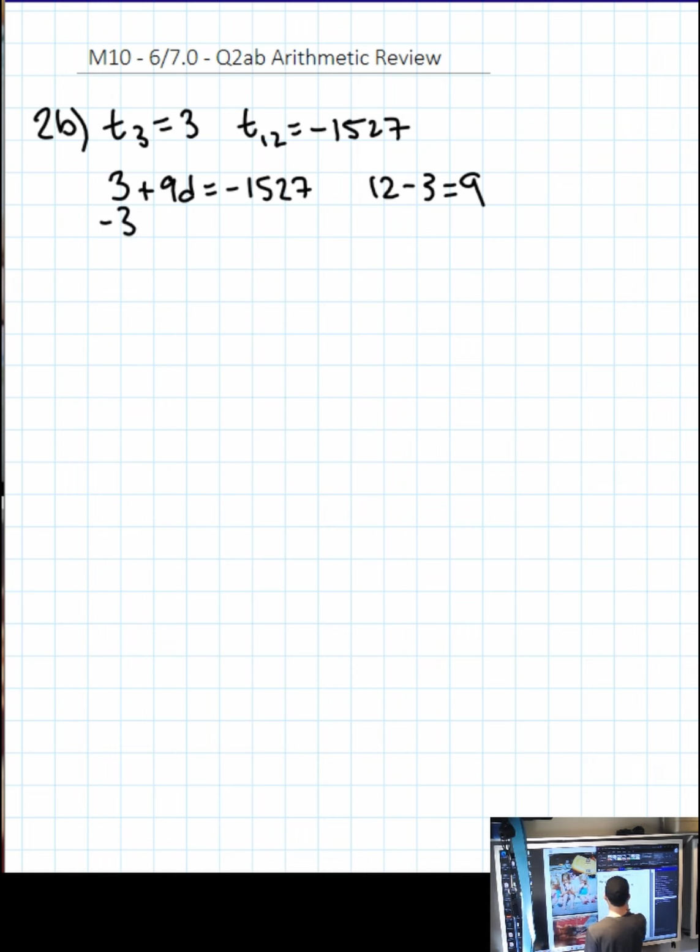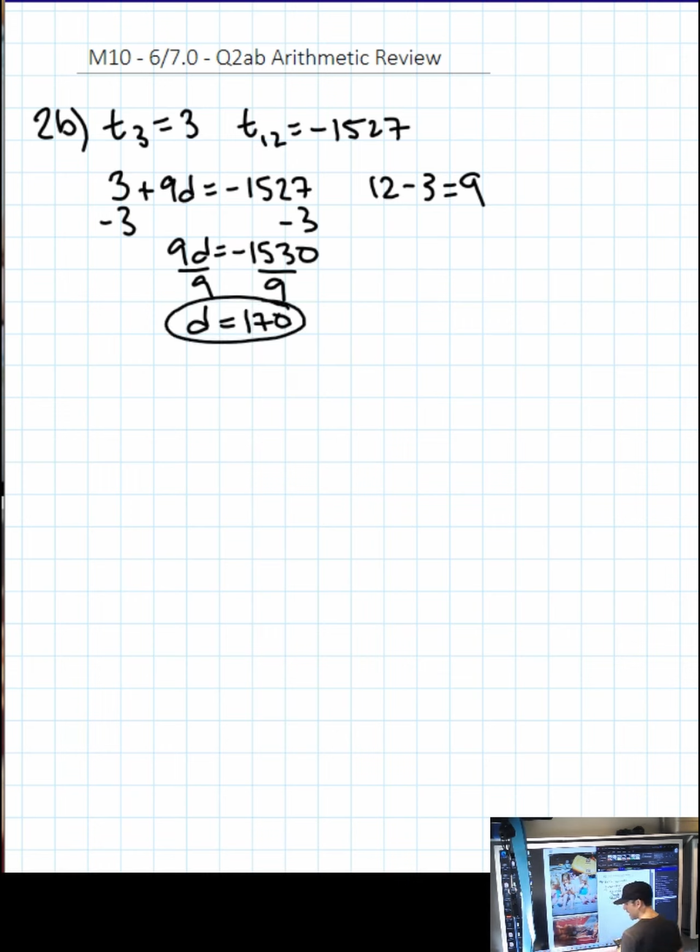If we minus 3 from both sides, 9d equals negative 1530. And then we can divide both sides by 9, and d equals 1530 divided by 9, which is 170. So we have our d value, and now they want t1.